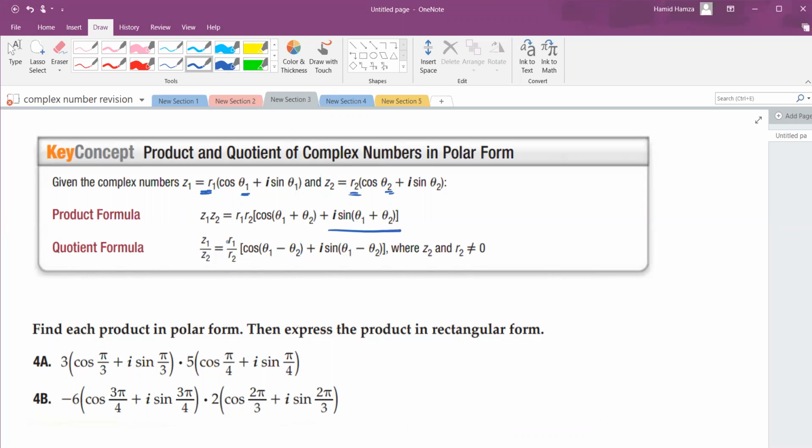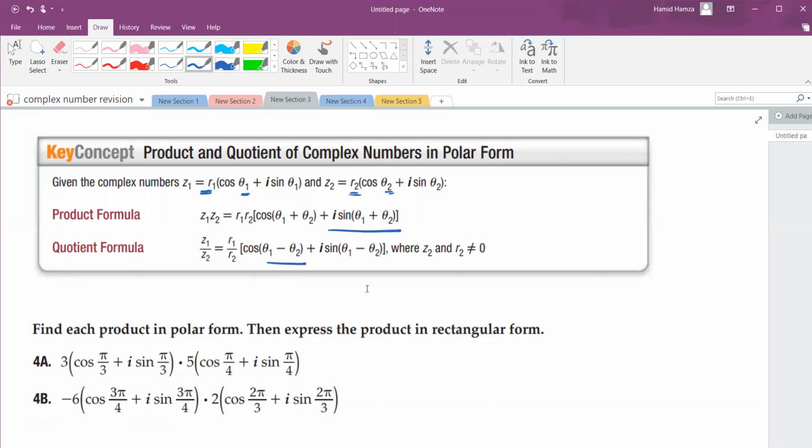And with division, we divide the moduli, so r1 divided by r2, and we subtract the angles. So z1 over z2 will be cosine of theta 1 minus theta 2 plus i sine of theta 1 minus theta 2, okay?